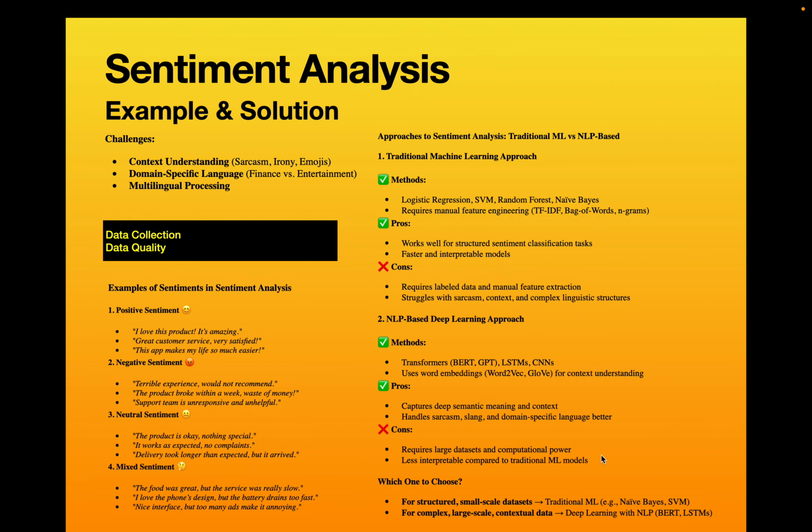Another thing is that the model is completely a black box. If you are utilizing some LLM model, you are just calling an API and configuring certain parameters, but the model backend is mostly a black box to you, because you don't have much exposure to the model. So these are the points related to NLP-based deep learning.